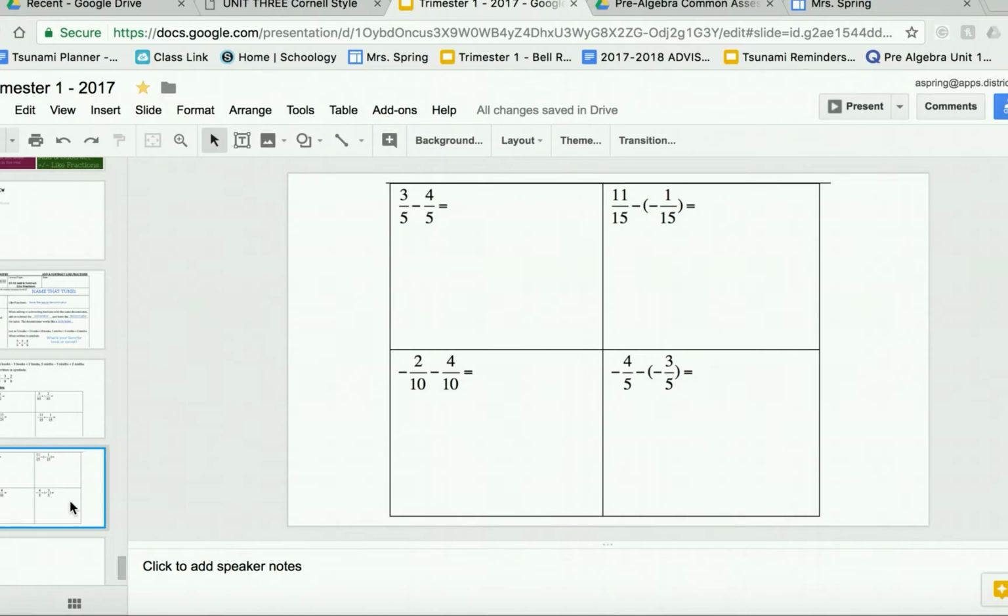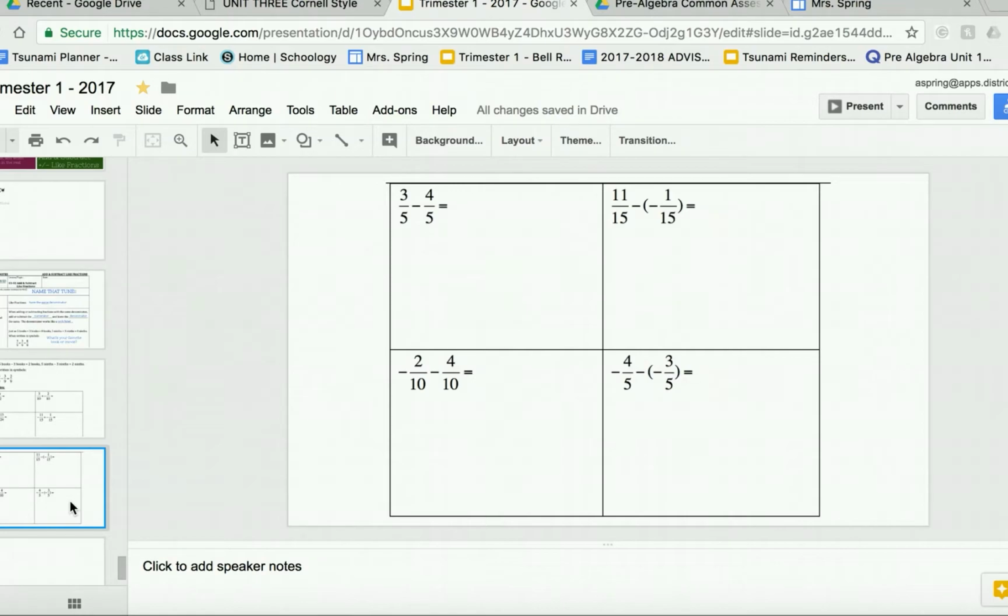3/5 minus 4/5 can be rewritten as 3/5 plus -4/5 because we're changing that subtraction to adding the opposite. 11/15 can be rewritten as 11/15 plus +1/15. 2/10 minus 4/10 can be rewritten as 2/10 plus -4/10.